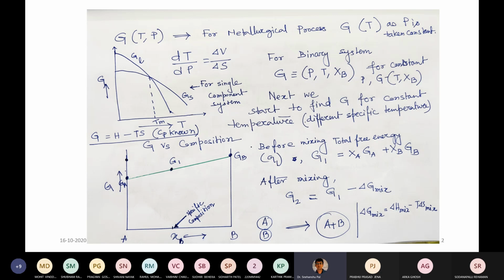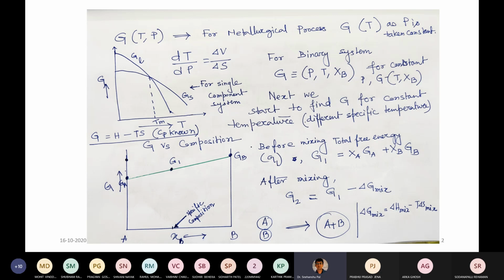Now if we go from a single component to a binary system, what will be our approach? For any system, Gibbs energy is a function of pressure, temperature, and a new variable, XB, that is the mole fraction of the B component.